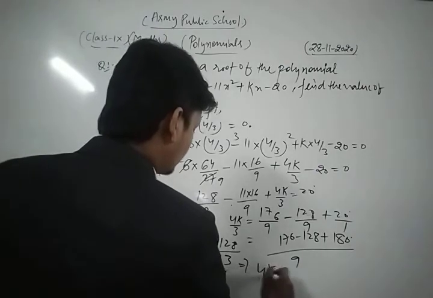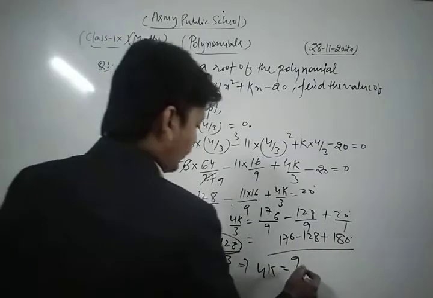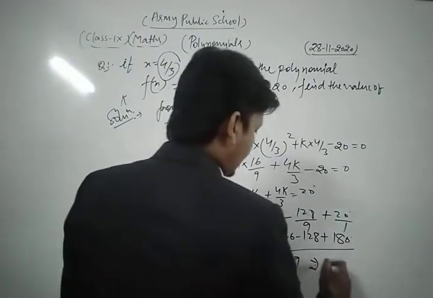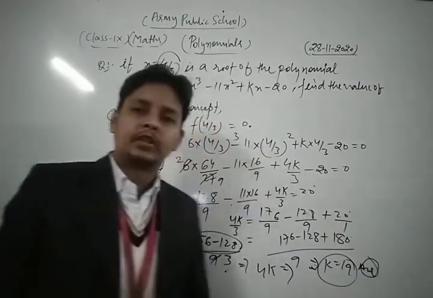Okay, so 4k is equal to the remaining value, and after simplifying them the value of k is 19. The value of k is 19. This is our required solution of the given question.